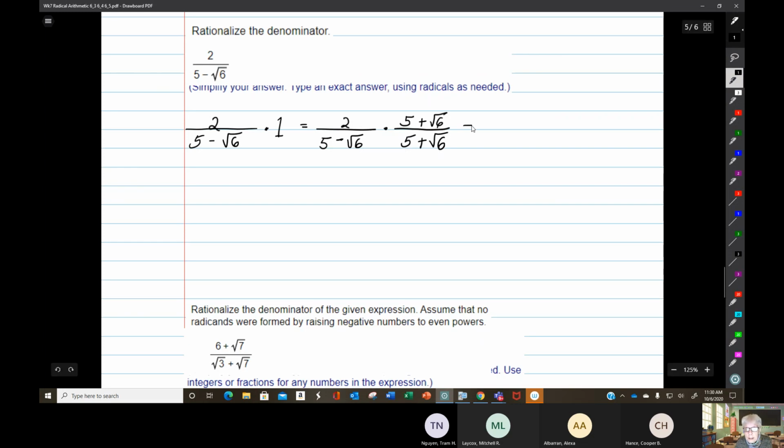Okay, this then will be 2 times 5 plus the square root of 6, because we multiply the two tops together, over 5 minus the square root of 6 times 5 plus the square root of 6.